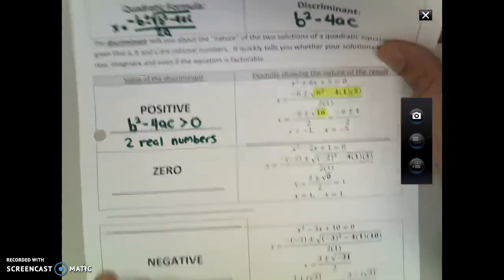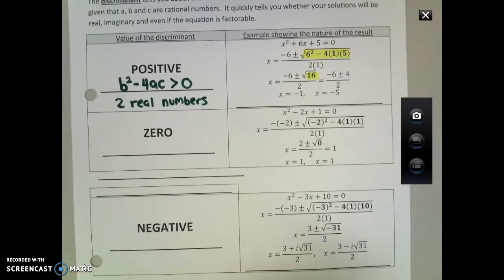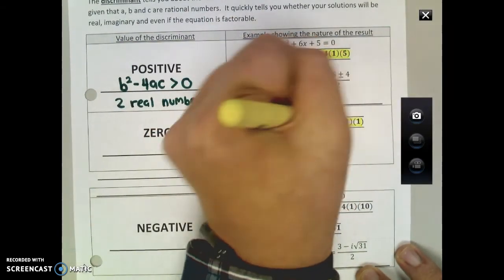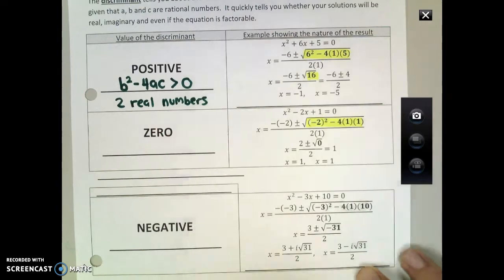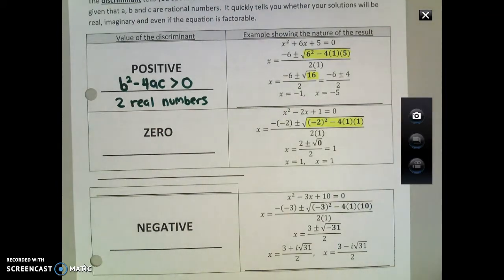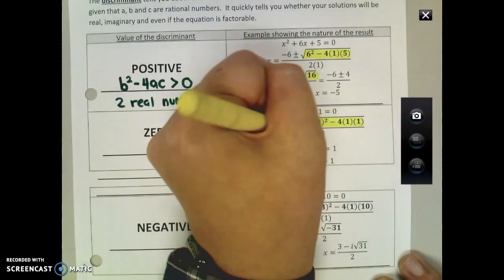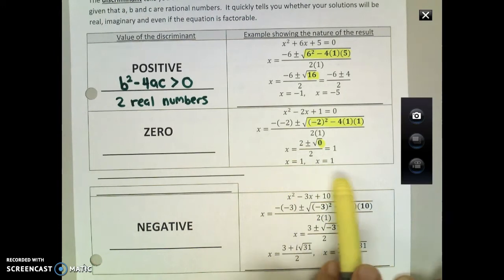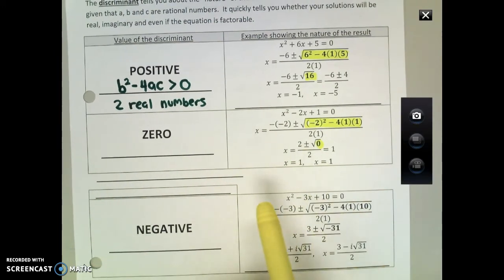Now, in the case where your discriminant, so in this example, the discriminant is negative 2 squared minus 4 times 1 times 1, this time I end up getting a discriminant, or the square root value, of 0. And in that situation, I still get technically two answers, but the two answers are exactly the same.